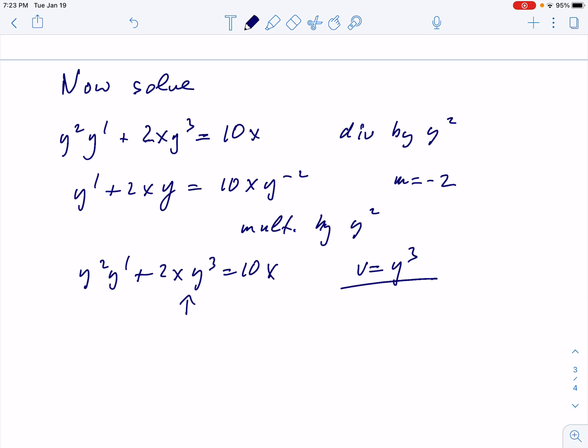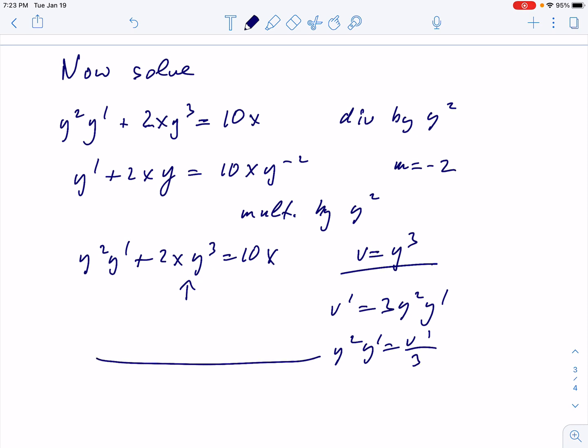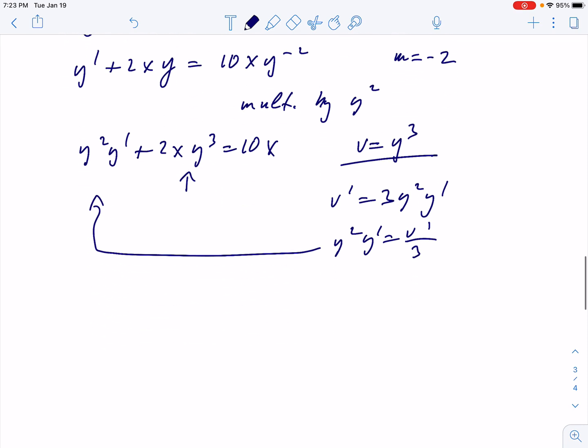So with this new function, we differentiate v. V prime will be 3y squared y prime. The product y squared y prime will be v prime divided by 3. We put this here in the first position.